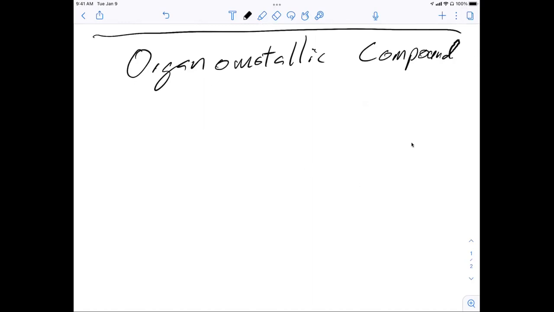So organometallic compounds. We've already seen some of these. We've seen the organolithium. We've seen the organomagnesium.